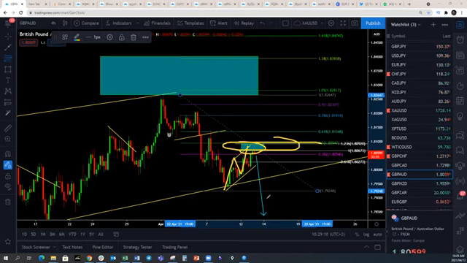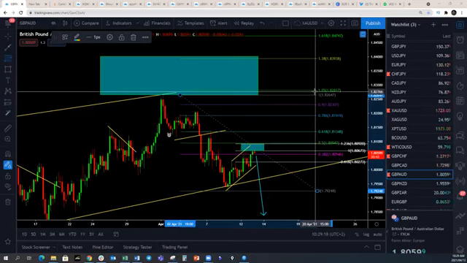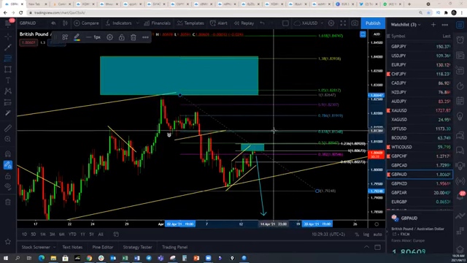Okay, I'm quiet because I want to execute the trade as well on my phone. Okay, stop loss at the 1.618.